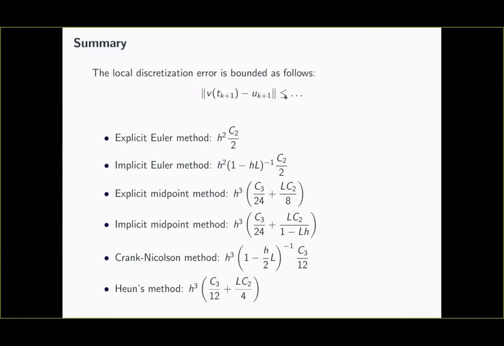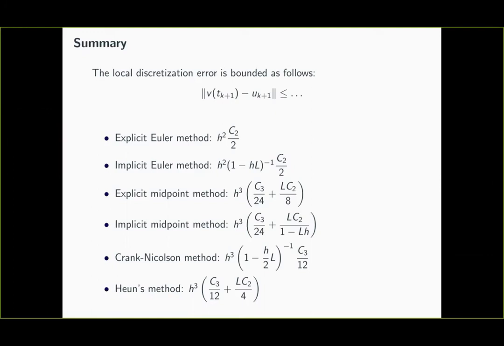Up to now in this numerical analysis class, we've seen the explicit Euler method and the implicit Euler method. We've seen now the explicit midpoint method and the implicit midpoint method, and the Crank-Nicolson method and Heun's method. And for each of those, we have derived upper estimates for the local discretization errors. Those estimates are listed on this slide. I'm not going to read them aloud at this point.